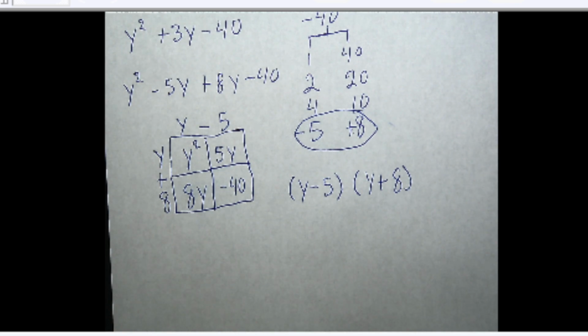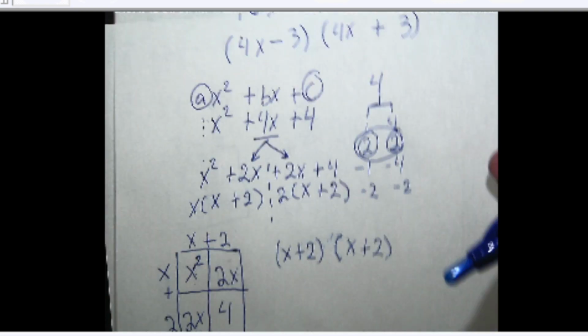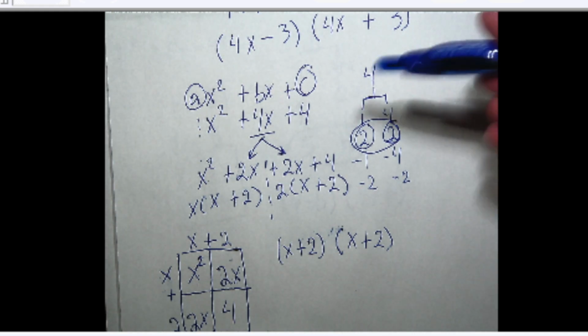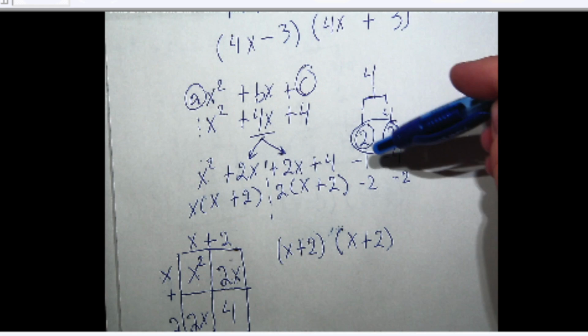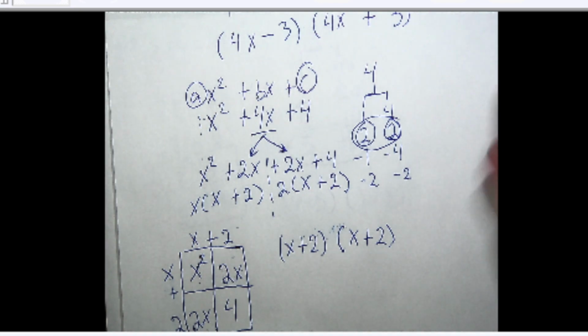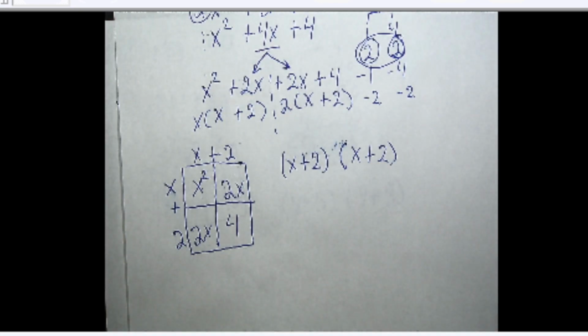All right, one more thing I want to point out about this one and the last one we did. Let's look at those factors we found for our AC. So we did our AC, we got 4 here, and we got positive 2 and positive 2. That's what we used to replace the middle term. Look at our answer.